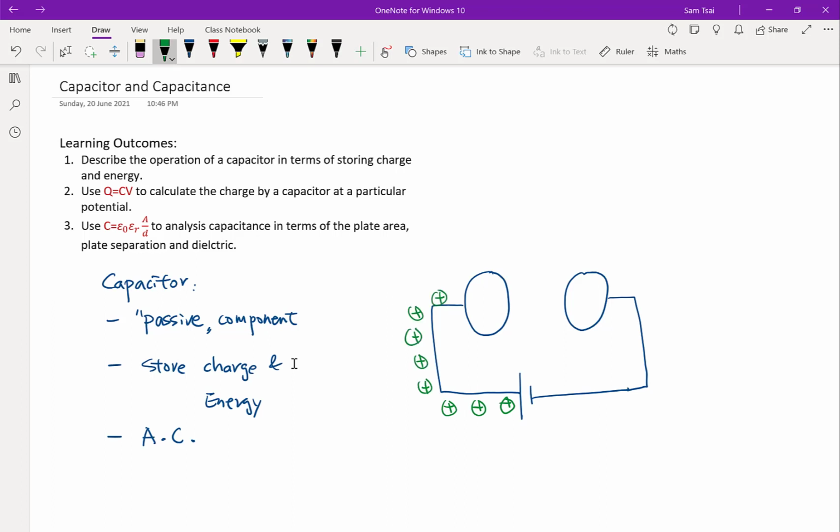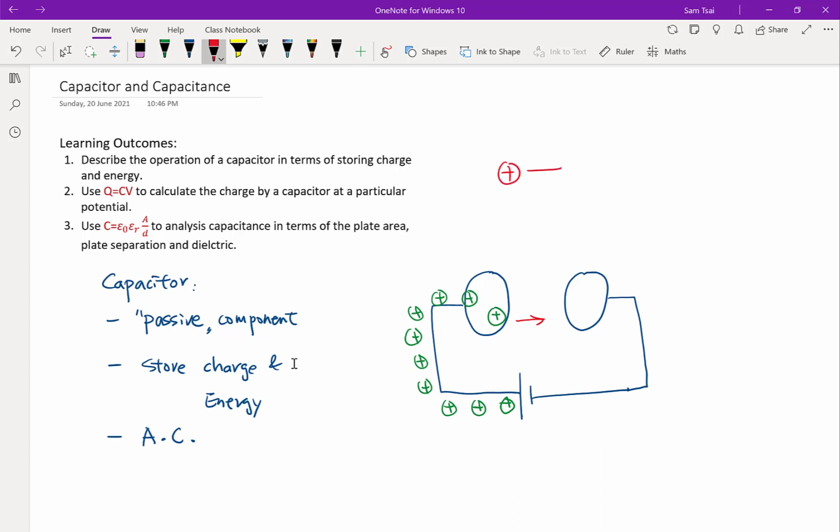Am I right? And then they will move into the metal here, and when they move to the metal here, they will gradually accumulate. At the left hand side here, they will create an electric field. Am I right? You learned this from electrostatics.